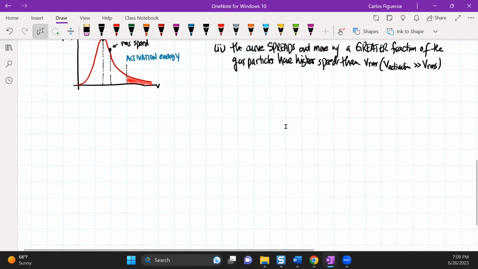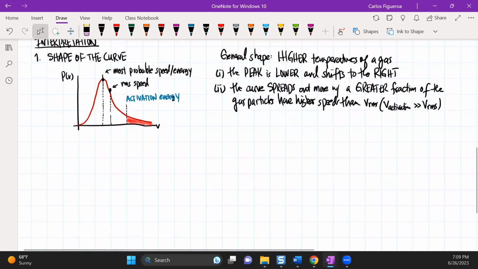So now let's look at a little bit more of the details. So what did I call this? I called this 1. Okay, let's talk about 2. For a given temperature, we want to look at the distribution of the curves.